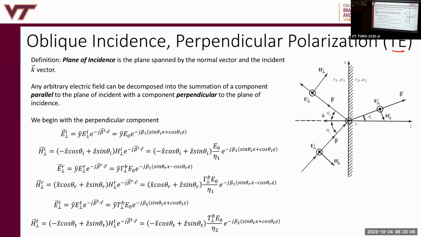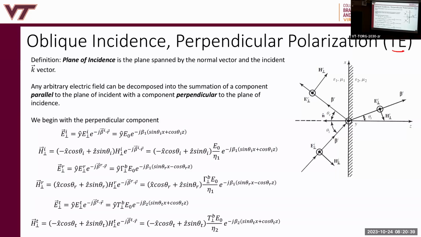The electric field is transverse to the plane of incidence. The plane of incidence is defined as the plane containing the normal vector and the incident field vector. Two vectors span a plane. So to define that plane, the normal to the interface, negative z hat, and the incident field wave vector beta incident. All right. So the electric field is orthogonal to that plane. We call it TE.